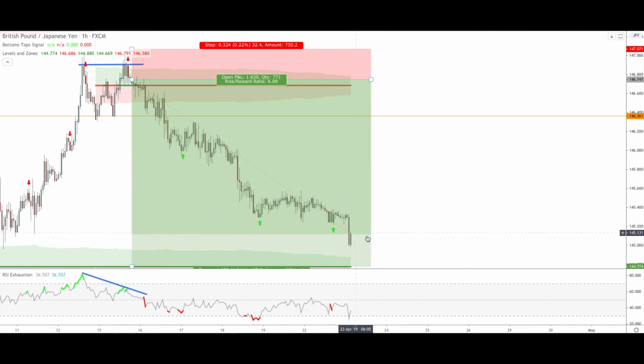And now it's retracing a little bit, but all in all the price is moving down. So we should get to our target. It's just taking a bit more time than expected, but it's still okay.